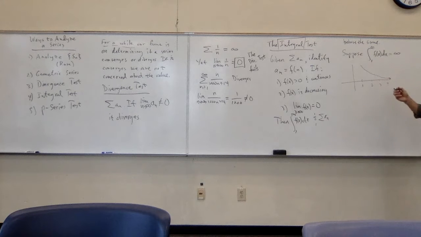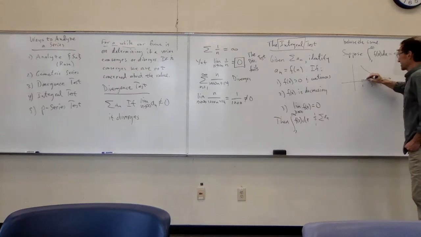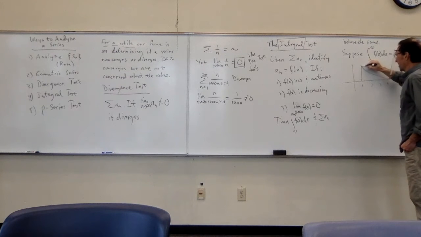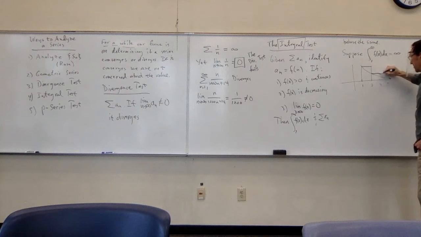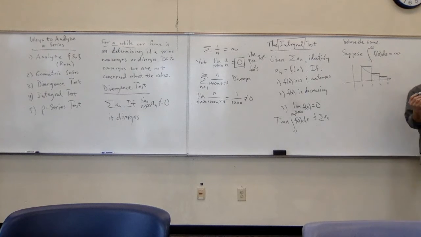All right, I want to fit some rectangles to this graph, and I want to do it like this. Take 1, run it up, come over, and then 2, 3, 4, and so on, for every integer.